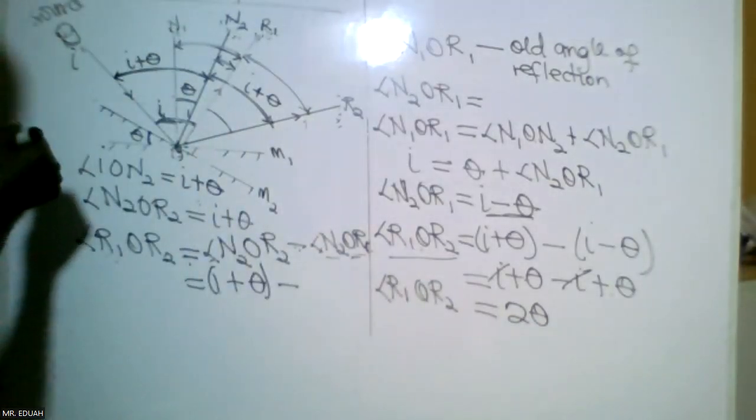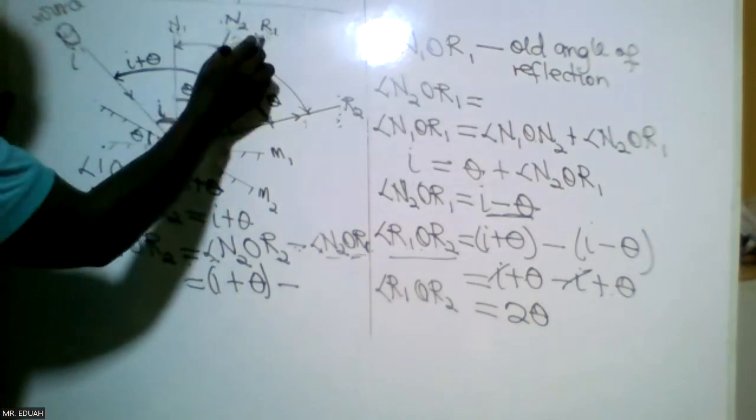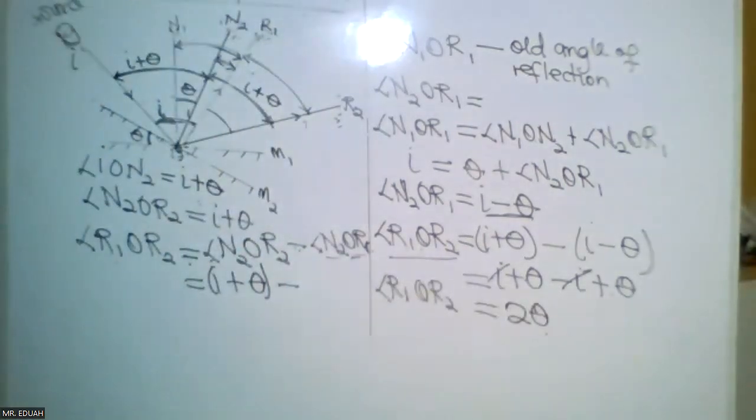Meaning, when you rotate the mirror by an angle of 10 degrees, the angle between R1 and R2 will be 2 times 10, which is 20.